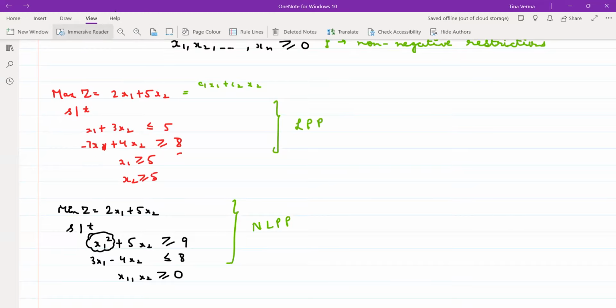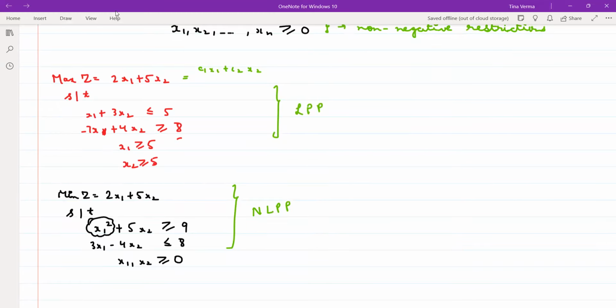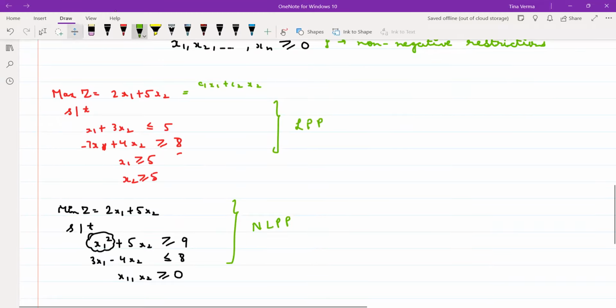Even if it remains like this, still it is your NLPP, because this thing you cannot write as C3x1 or C3x2. Is it clear? So it will remain your NLPP.